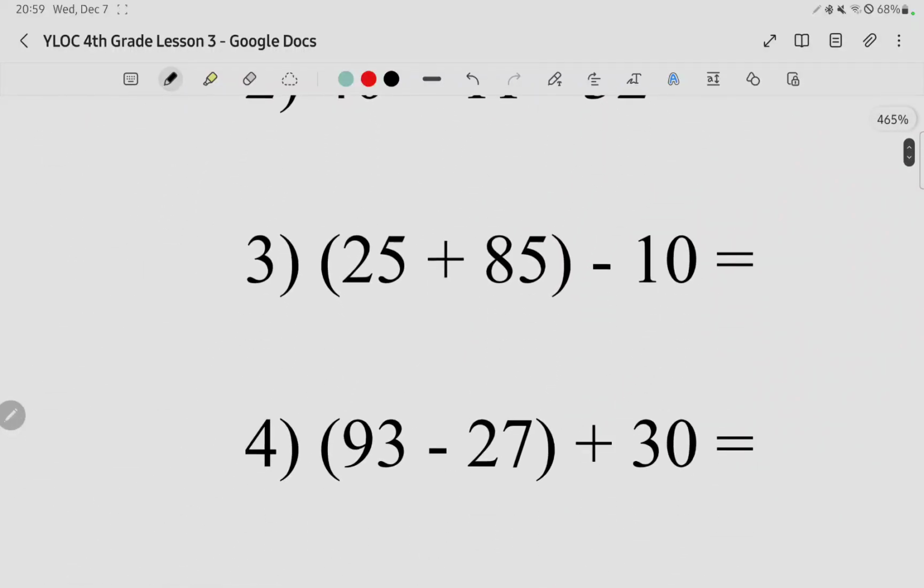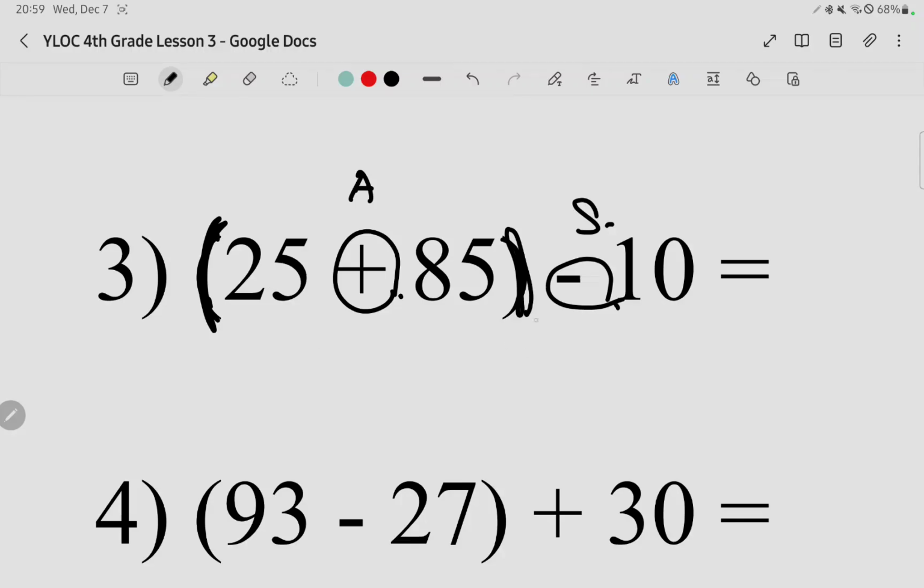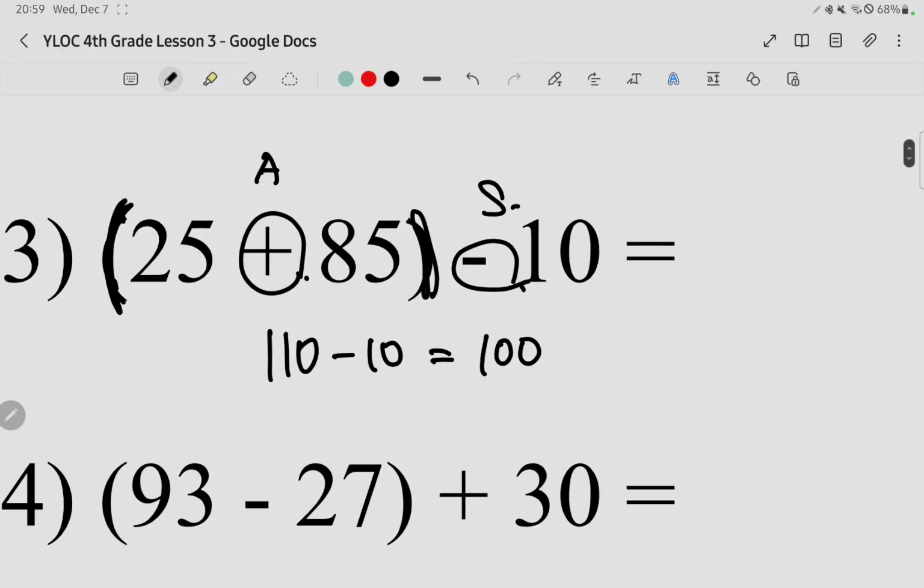Okay, and number 3. As you can see, there's a parentheses. Even without parentheses, since it's addition and subtraction, you add first. So 85 plus 25 is 110. Subtracted by 10 is 100.